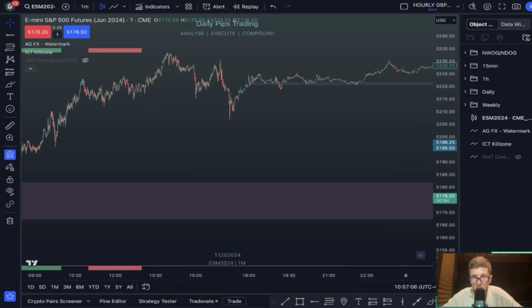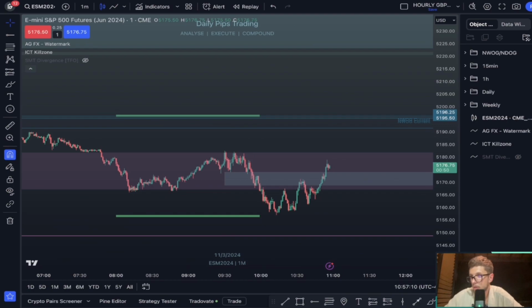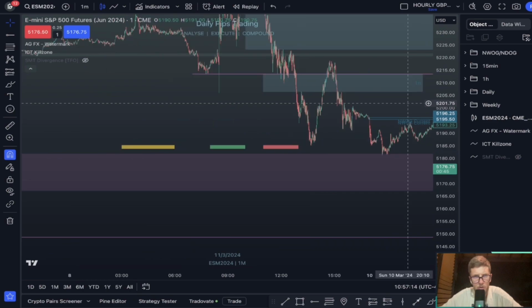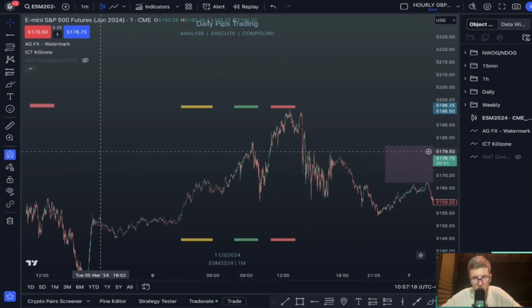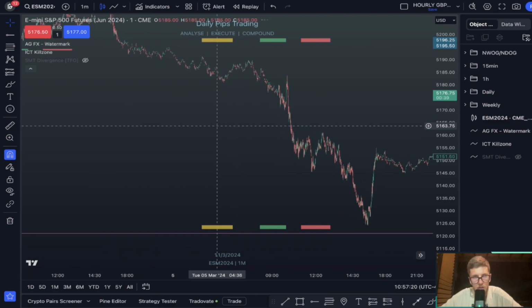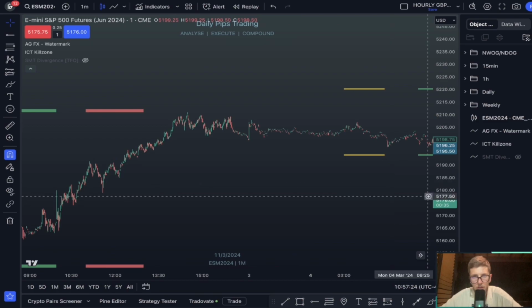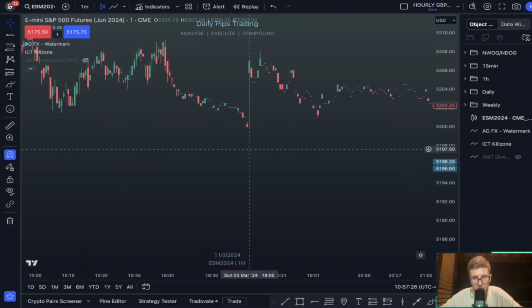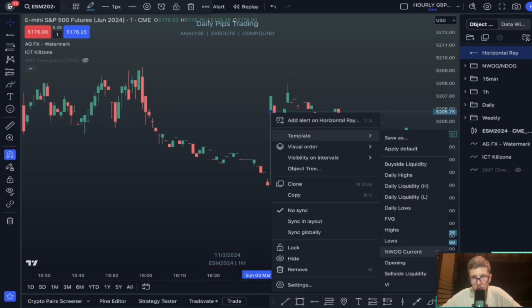So buy side resting above, we have that, not an issue. New week opening gap, and I'll do two to three new week opening gaps for myself, simply to have it on the chart. And if I see that the market is way too choppy, I won't keep them, but this is good enough.